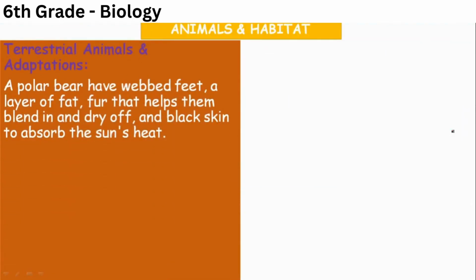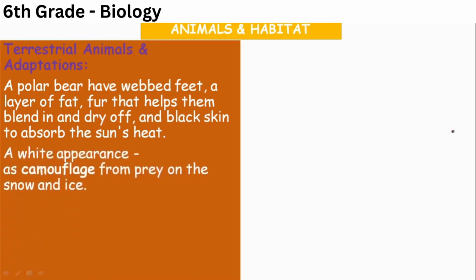And a polar bear, if you check the adaptations in the polar bear, possesses webbed feet, a layer of fat, fur that helps them blend in and dry off, and black skin to absorb the sun's heat.